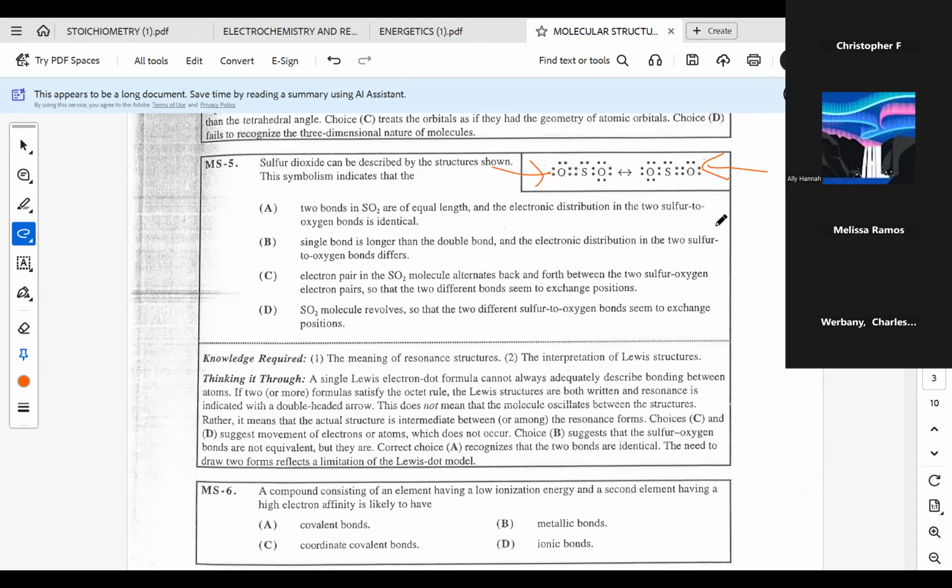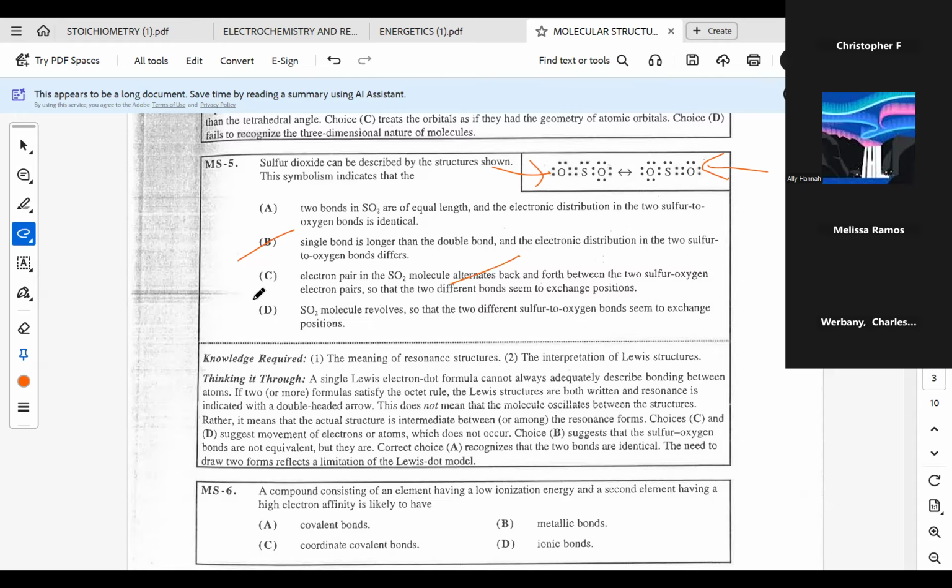Well, yes, that is a true statement, right? But based on the fact that these are resonance structures, we know that the bonds are not going to be longer. Remember, the resonance structures represent two wrong interpretations, but when we combine them, the average of these bonds is what we really see.